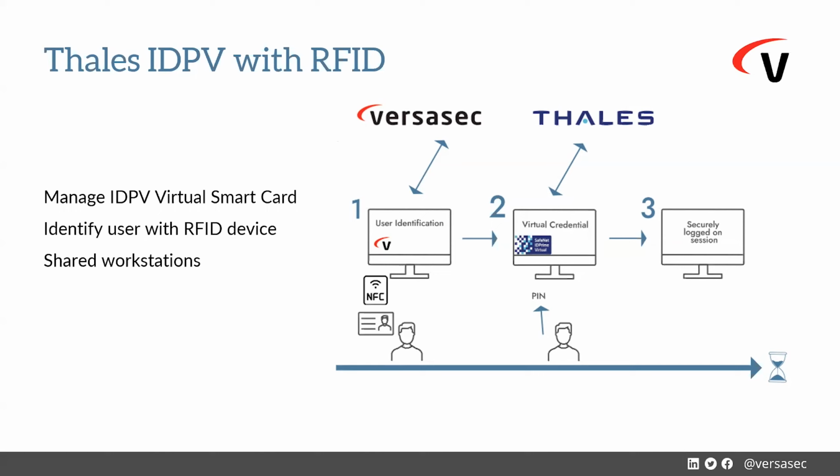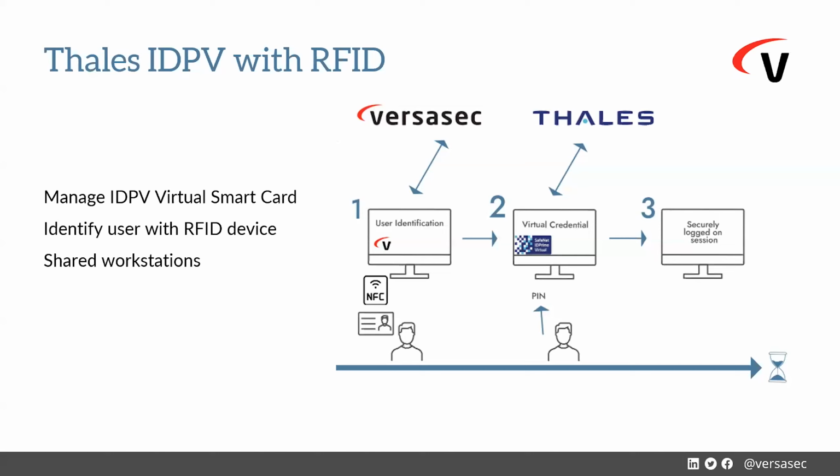Now, to authenticate using the IDPV, users first authenticate to their identity provider using their username and password. Once authenticated, the virtual smart card is then loaded, virtually inserted onto the machine. Users then enter their PIN to complete that authentication process.